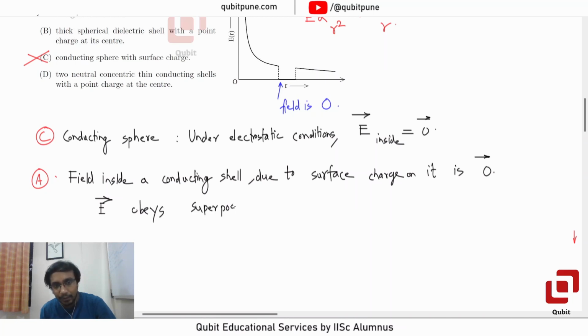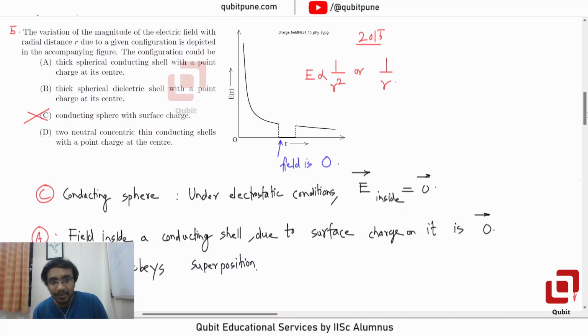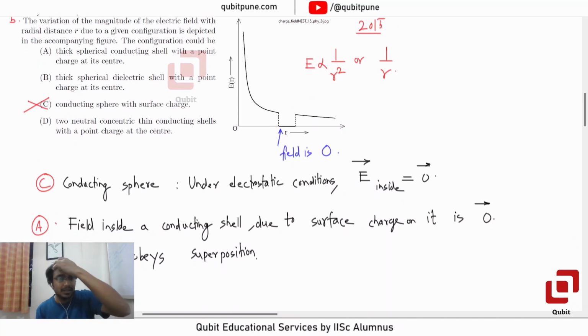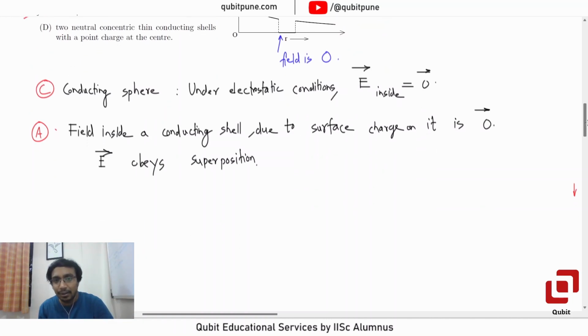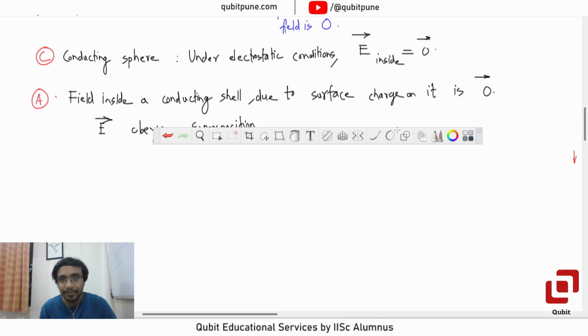So if I want to find the field inside, which I know is non-zero from the graph, I can say that if I have a point charge inside, then the field will only be due to the point charge. Suppose I consider a configuration like this.